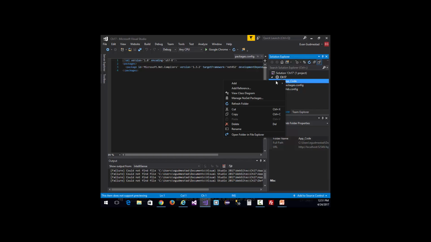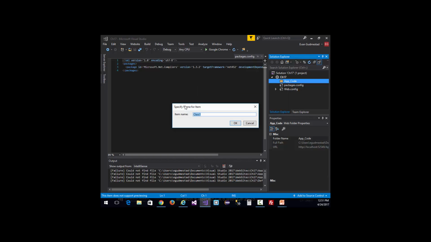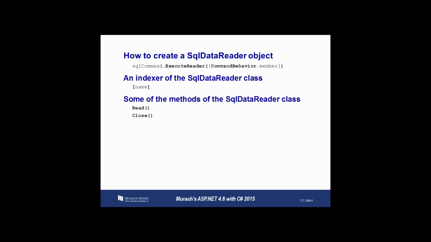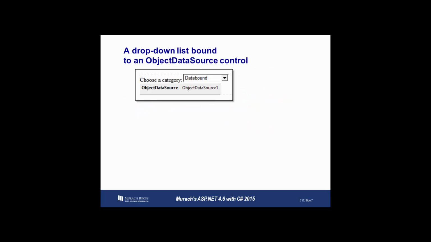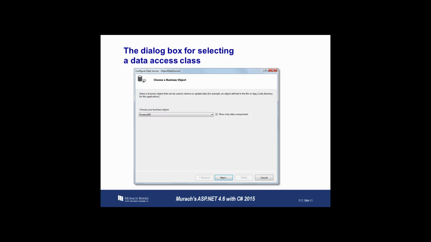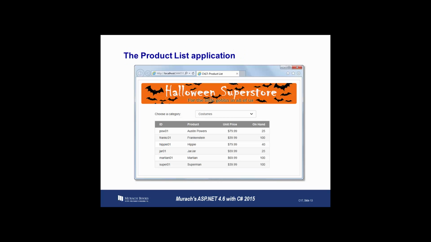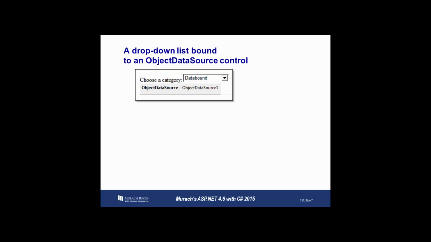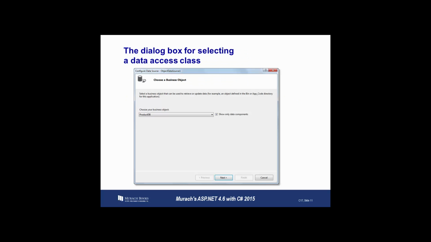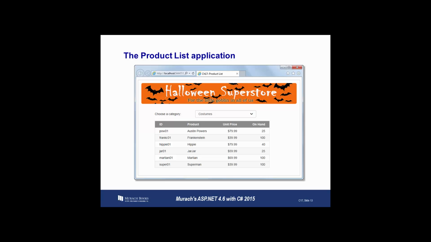Once I have an app code folder, I'll go ahead and add a class. So this is creating a C# class. Now, going from our example, if I look at the end product, there's not a screenshot of it, but basically we're just going to create a drop-down list with categories.